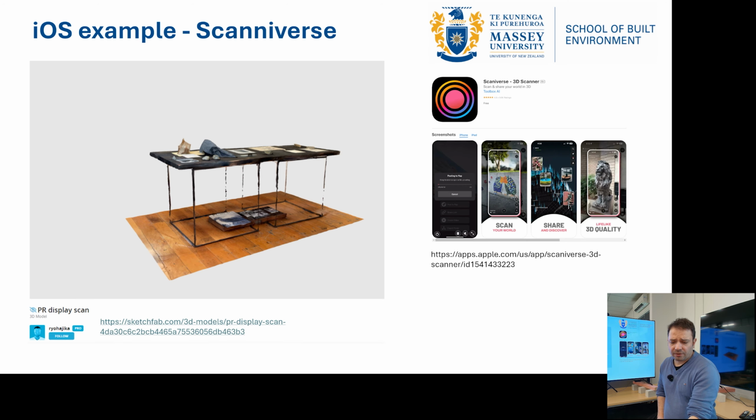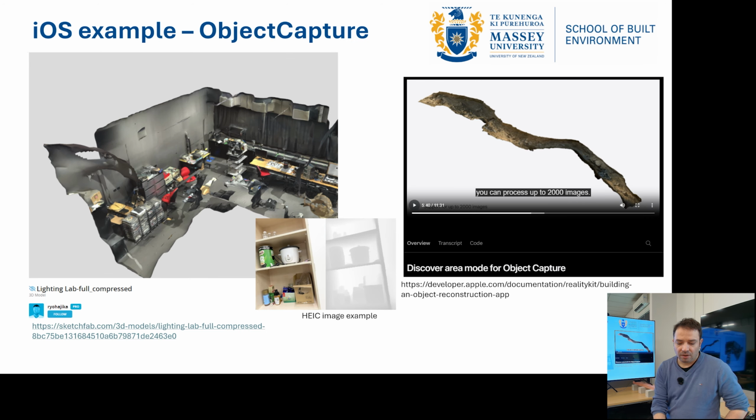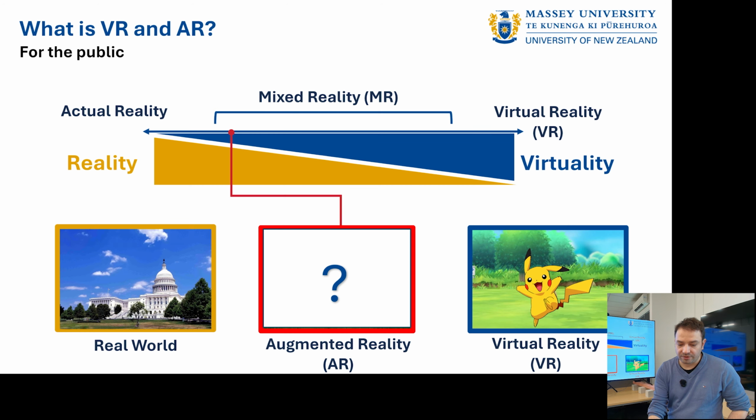And there are many other solutions that have been proposed for Android or Apple devices. Those are just some examples done by Rio. This is even a 3D reconstruction of the Lighting Lab, quickly done with a tablet. It's not high resolution, but you can get the sense that we are getting really good at creating 3D models.